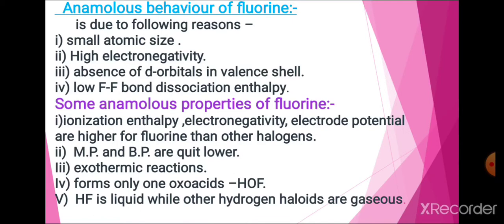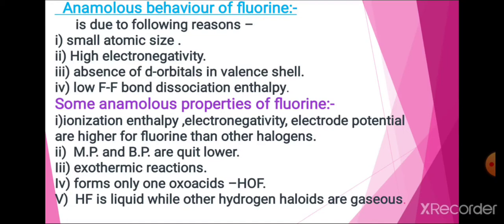That's why fluorine has low F-F bond dissociation enthalpy. Some of the anomalous properties of fluorine are given here. First is ionization enthalpy, electronegativity, electrode potential are higher for fluorine than other members of the group.